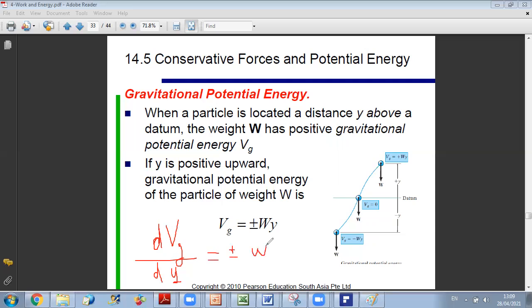So let us take the convention. If y is positive upward, how do we define the work of the weight? The work of the weight is minus w delta y.